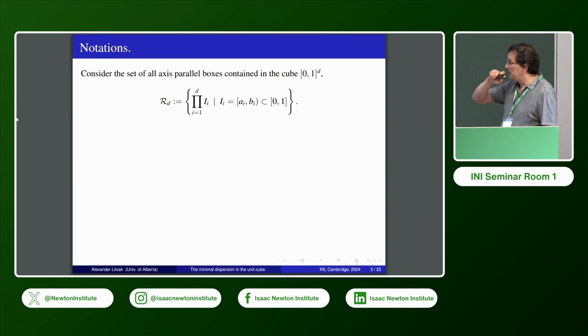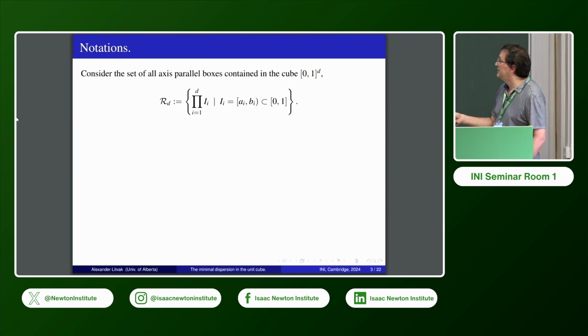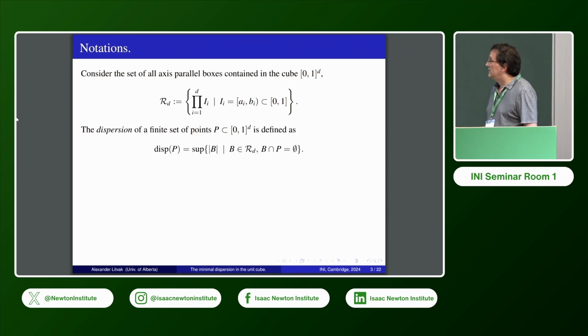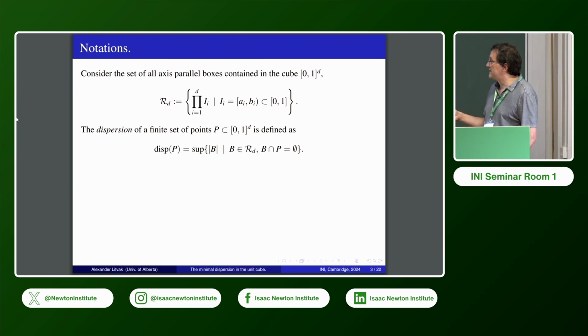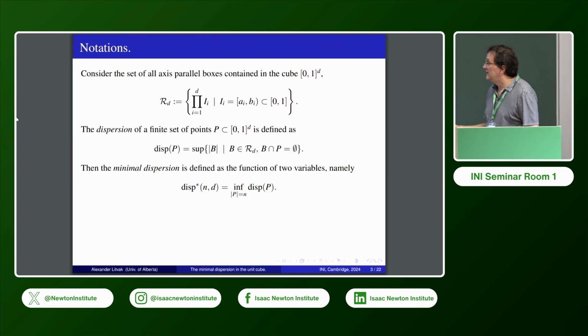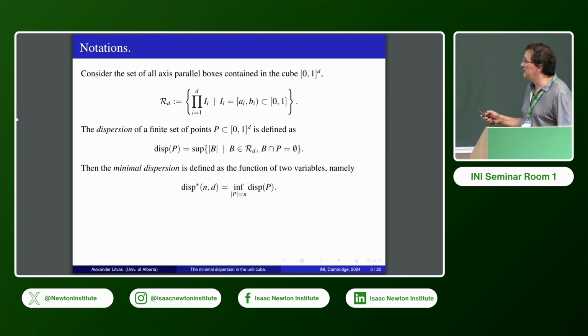So here is the formal setting. By R, we denote all axis parallel boxes, which is just a product of intervals. Then the dispersion of a given set is just the maximum volume of a box from here which doesn't intersect this set. Then minimal dispersion is just the infimum over all sets of cardinality n, so we have n points.